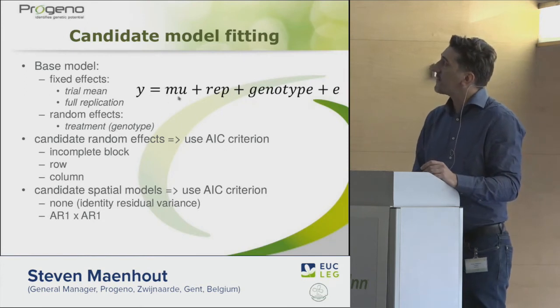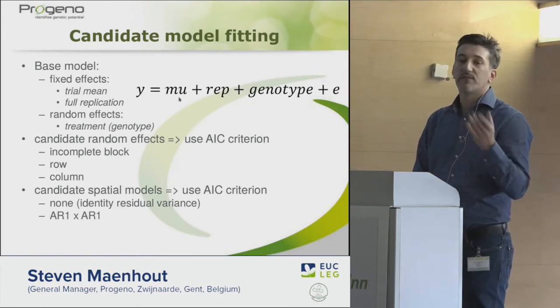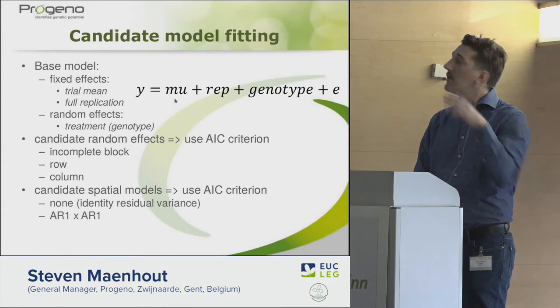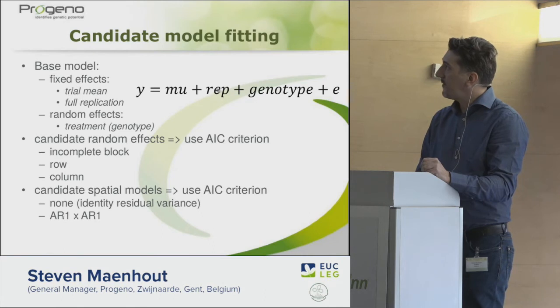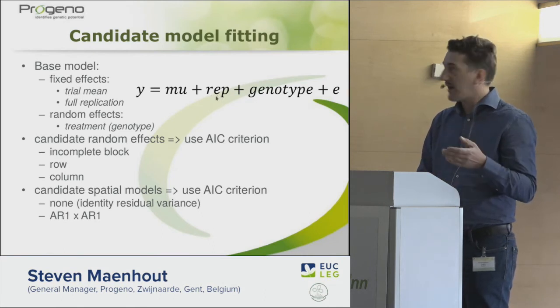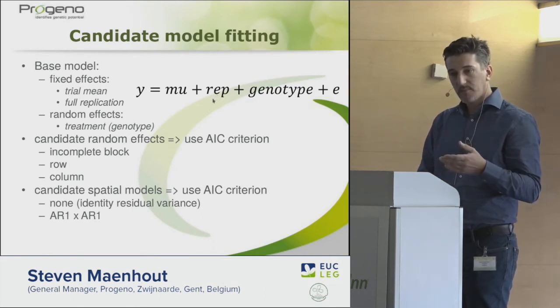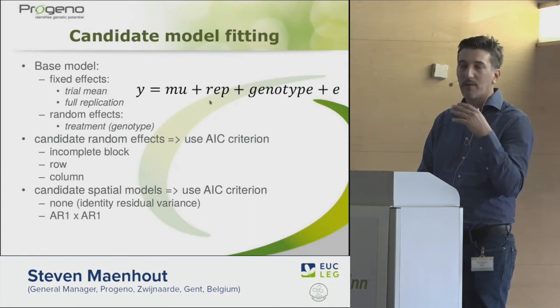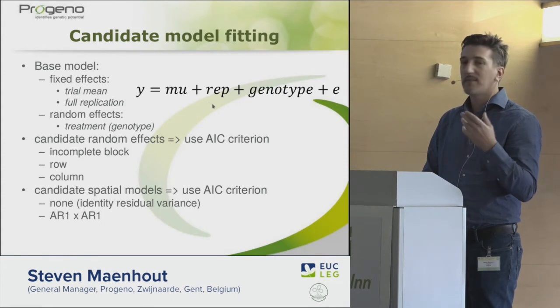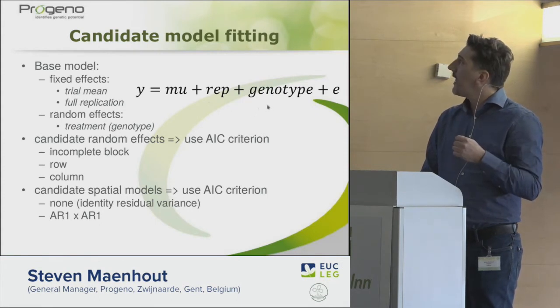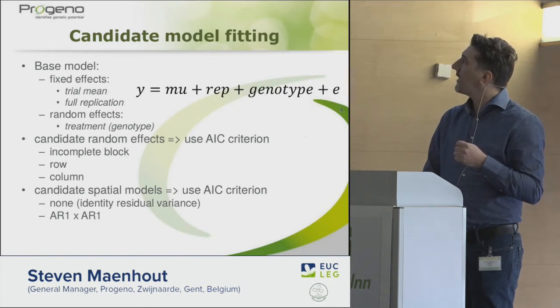Secondly, you fit an effect for the mean of the population. That's a bit of a standard thing. It's just to have an average trial effect. If you have a replication, you will generally fit that also as a fixed effect, because you normally have very few replications, just 1, 2, 3. That doesn't allow you to estimate a variance parameter. And then you will fit your genotype as a random effect, as shown here, and a residual.